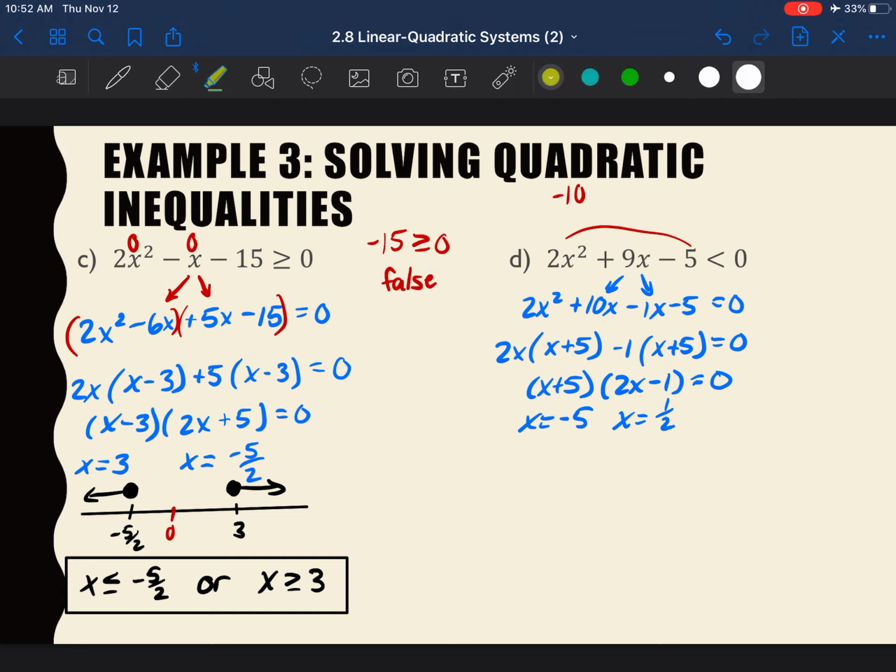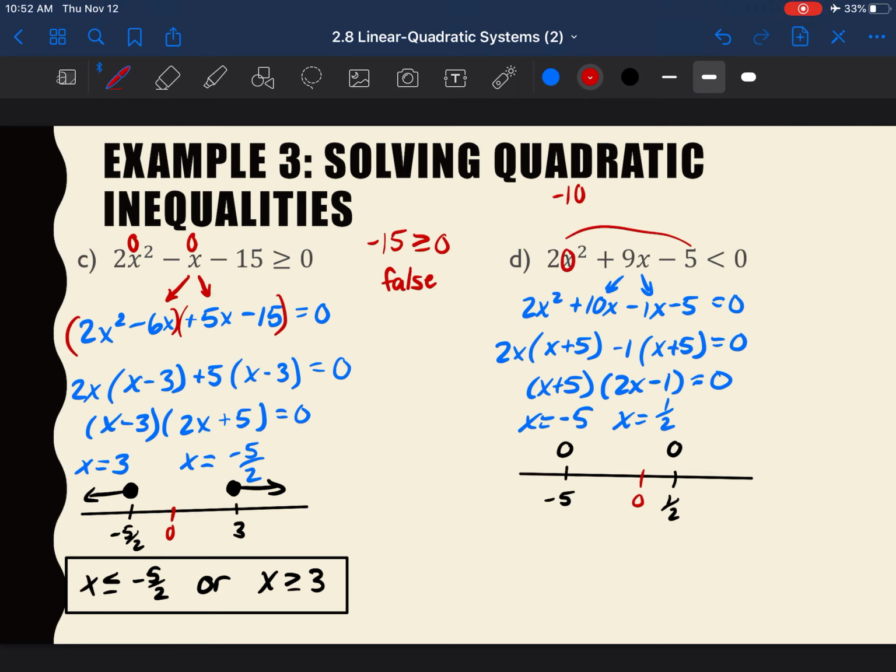So again, number line. -5 and positive 1/2. Let's see, it does not have the equal to, so I do not fill them in. I leave them open. Choose a test value in between. 0 is my favorite number to test because it's so easy.